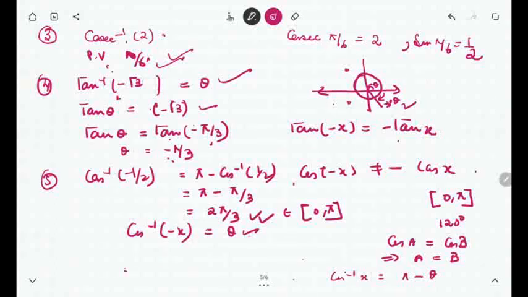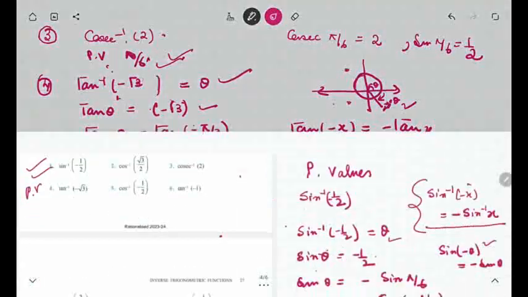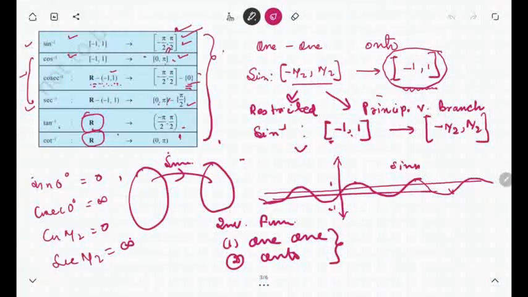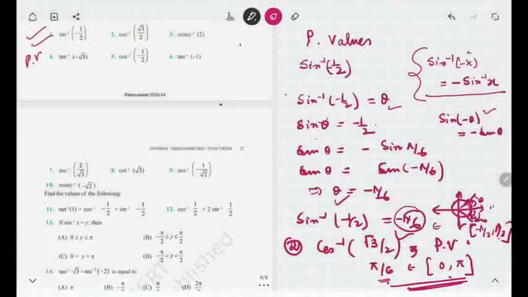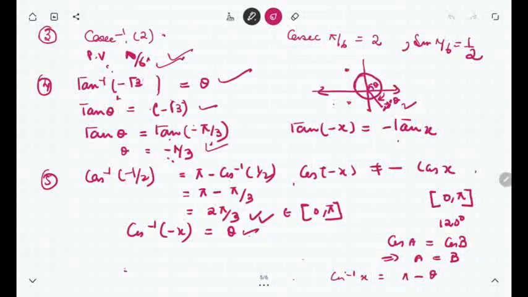We have to be careful about the range. The codomain is open minus pi by 2 to pi by 2, and the value we are getting here is minus pi by 3, and this belongs to minus pi by 2, pi by 2. This is very important, write it down.